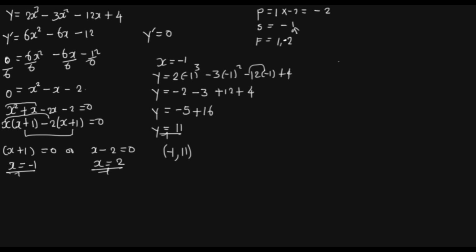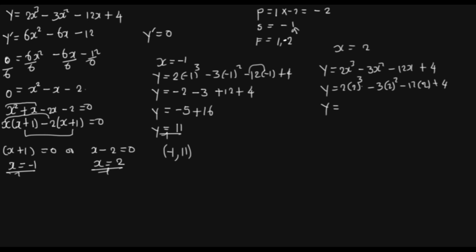Let's find the other pair. So this now will be x is equal to 2. So, okay. So 2x to the third minus 3x squared minus 12x plus 4. So here we put 2 raised to the power 3 minus 3, 2 raised to the power 2 minus 12, 2 raised to the power 1.